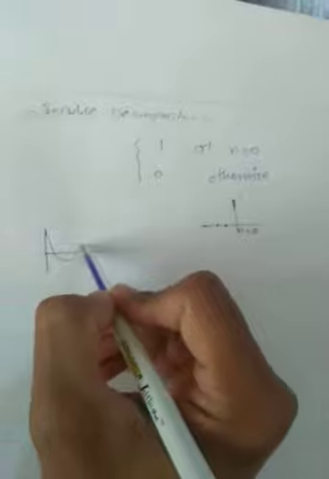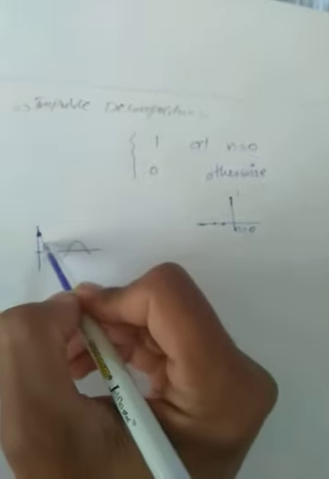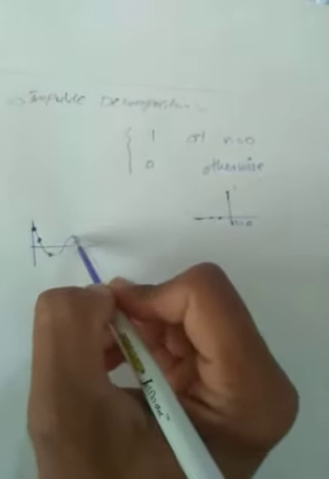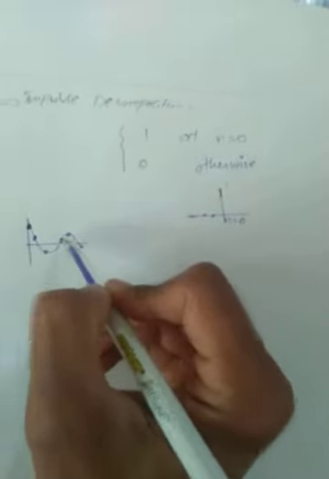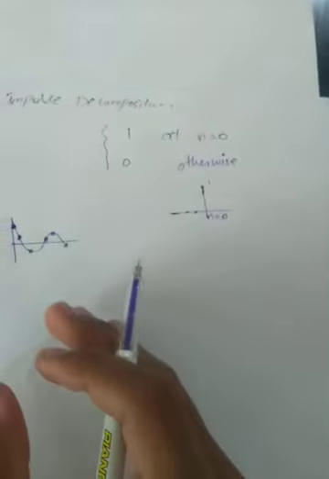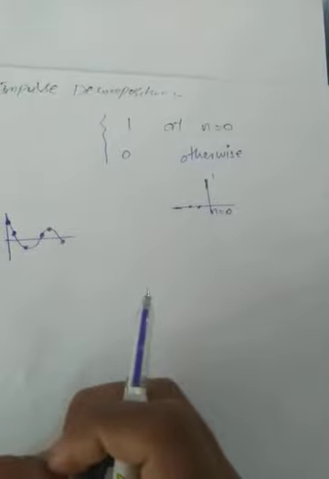this is our signal. This is 1, this is 2, this is 3, for example 4, 5 and 6. These are the highlights on the signal samples.